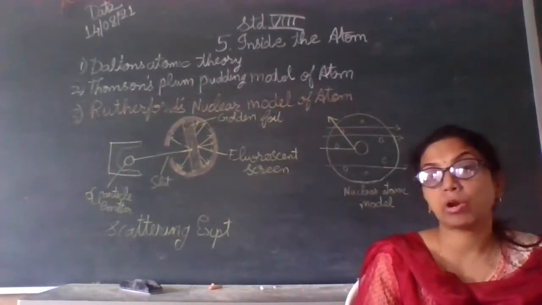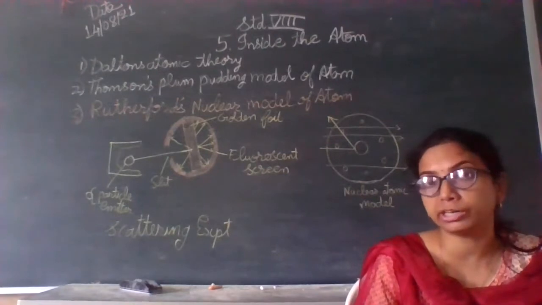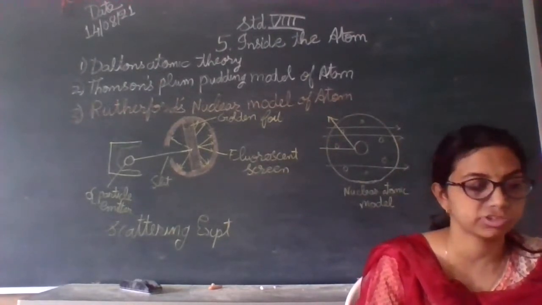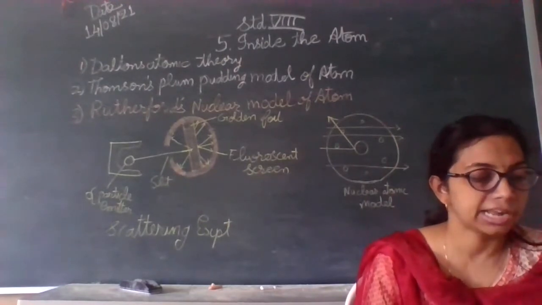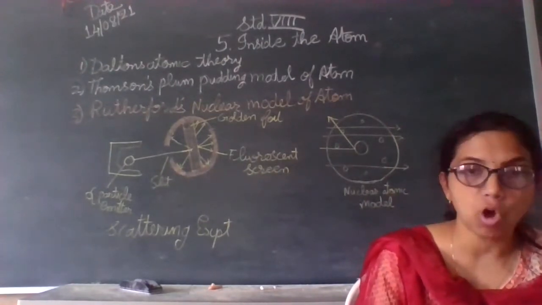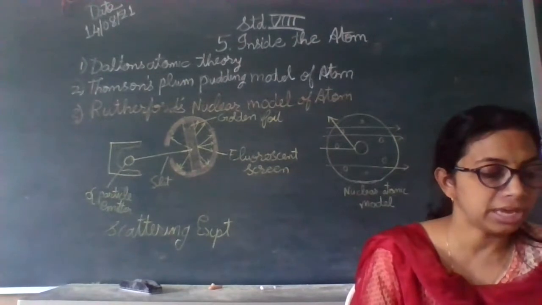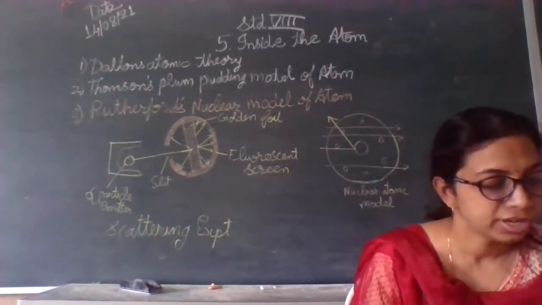So there were obstacles in the way, and they got deflected in various directions. It means that the positively charged and heavy part causing obstruction could be in the center of the atom.